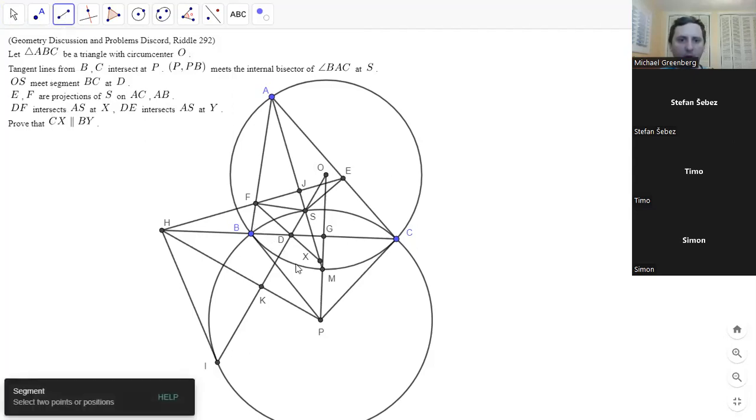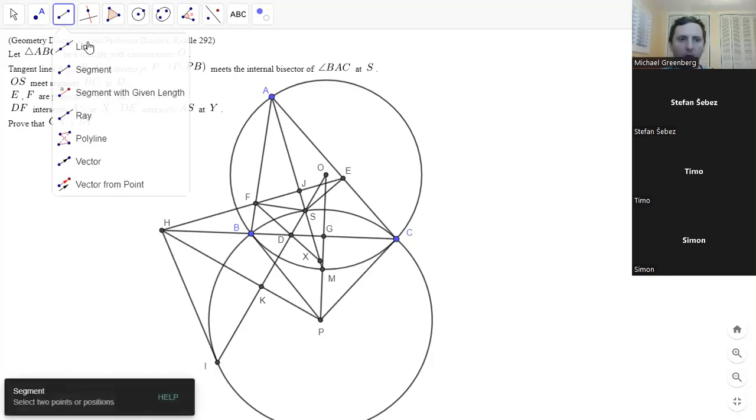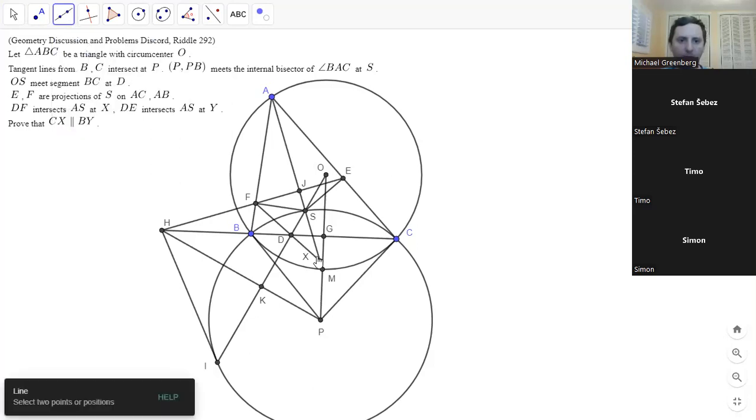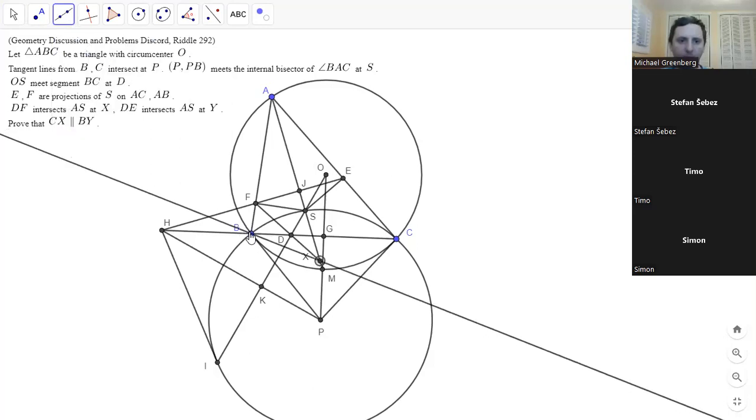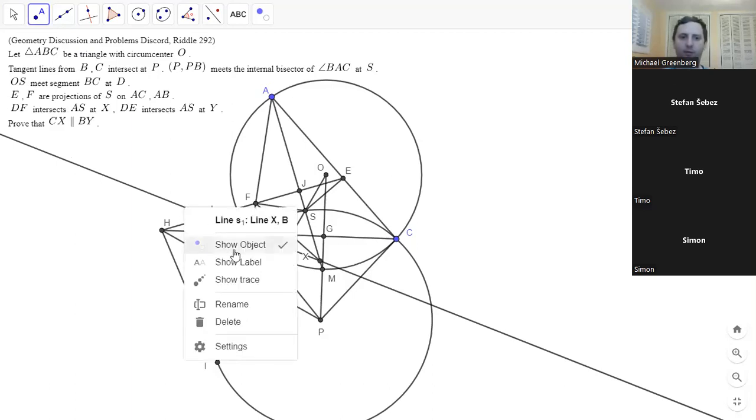That would, after we prove that HBDC is harmonic, be equivalent to the problem: showing that BX bisects HF.